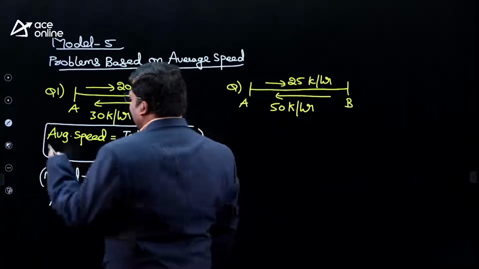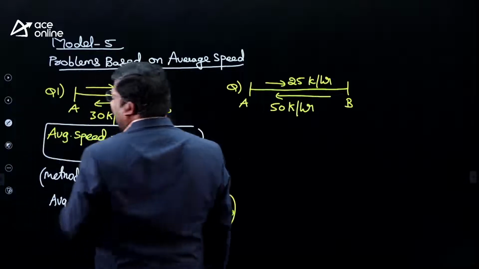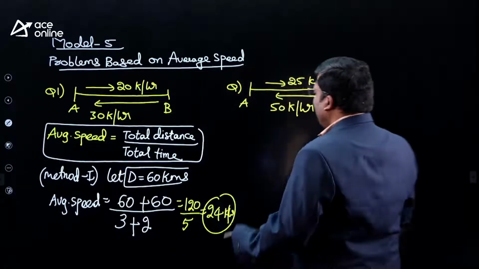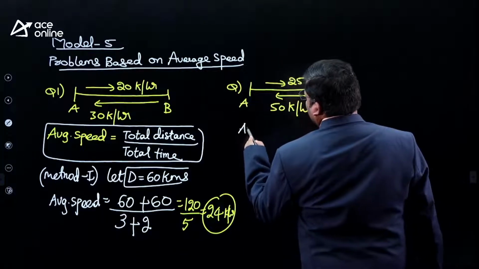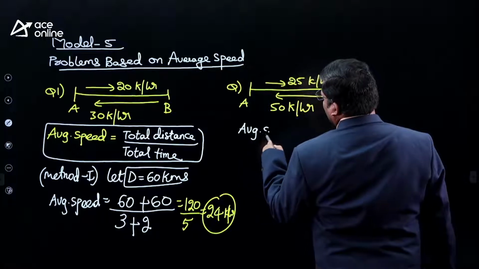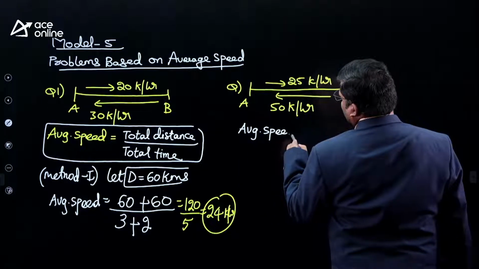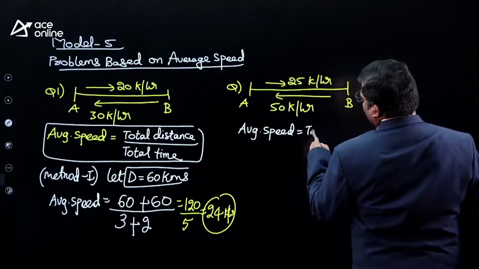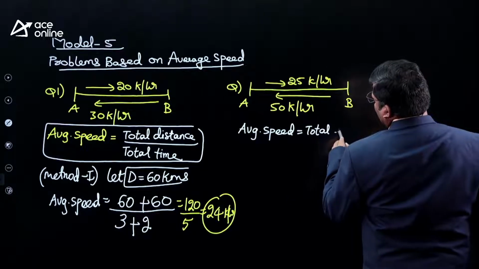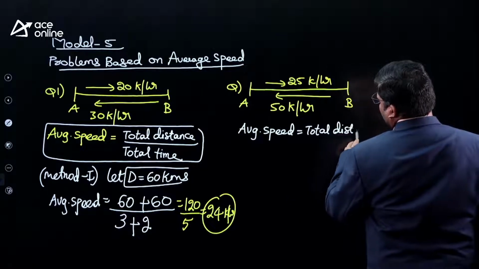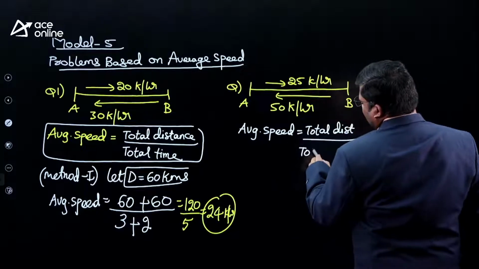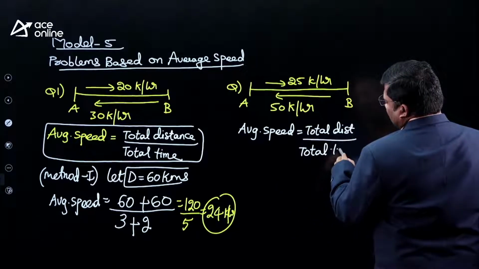Listen very carefully, sir. We want average speed. Average speed is equivalent to total distance by total time.